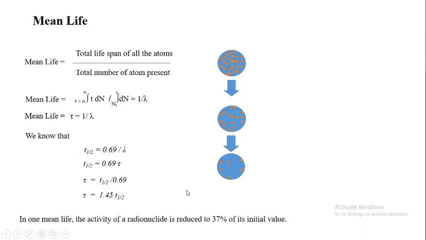So come to another term that is associated with the radioactivity decay process, that is mean life. If we see, this is the initial number of radionuclides, and after passage of one half-life the number of radionuclides is reduced to half, and after the passage of a second half-life, a further reduction of radionuclides to half was carried out.